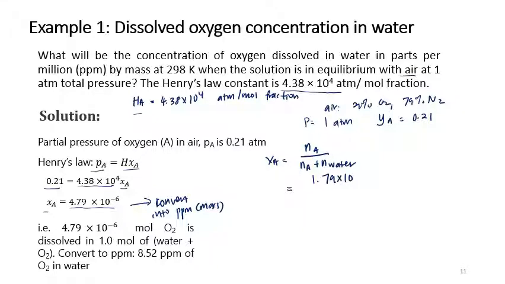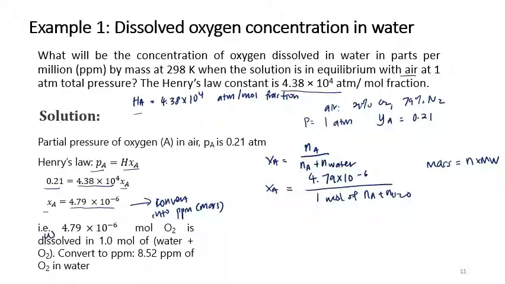So 4.79 times 10 to the power of minus 6 over 1 mole of NA plus N water. Okay, so you can convert this into mass fraction. Mass fraction is N times molecular weight, molar mass.